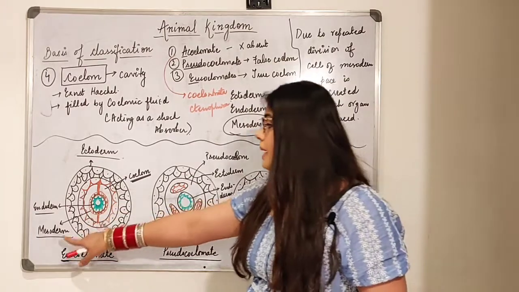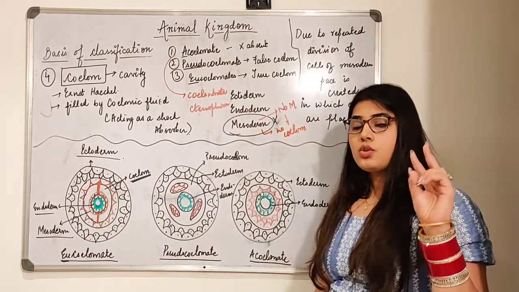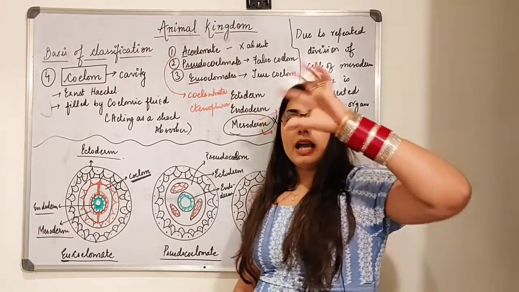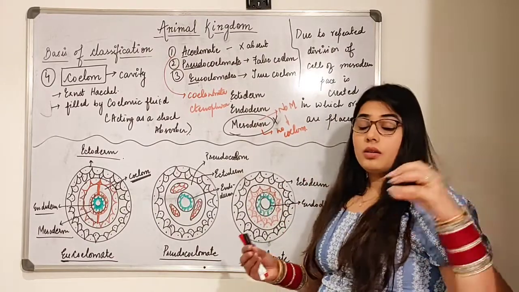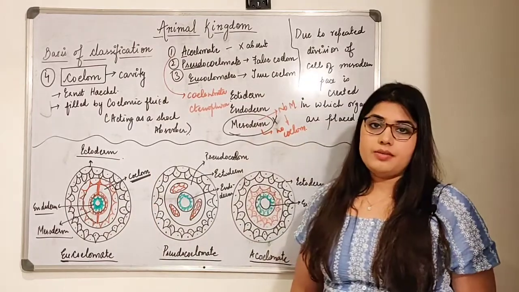Whenever this mesoderm is divided into two parts, the outer mesoderm and the inner mesoderm lining the ectoderm and the endoderm and connected through the mesenteries, then what will happen? A true coelom is there.